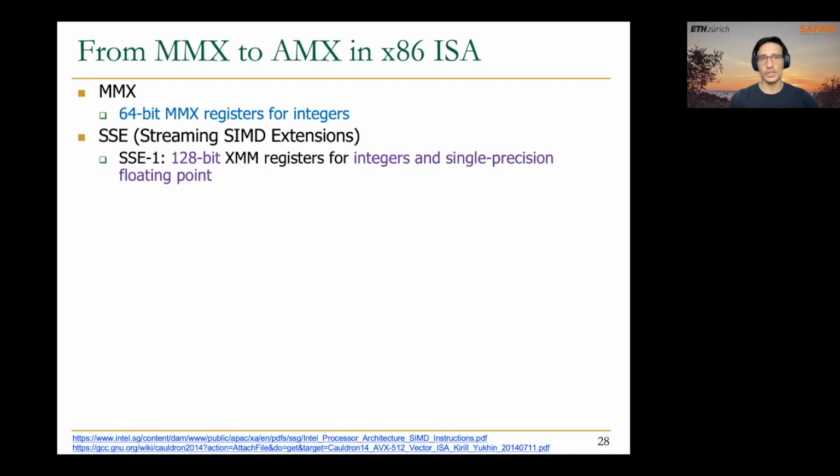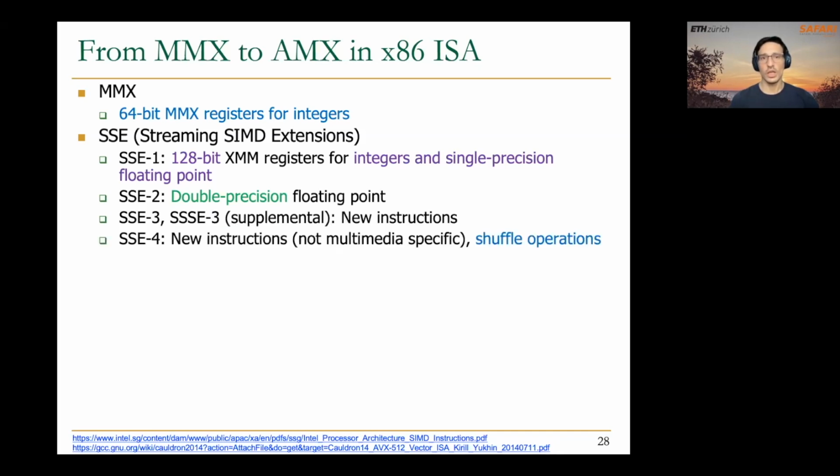A few years later, the streaming SIMD extensions, SSE, appeared. They already featured registers of 128 bits, so they could hold twice the number of elements, either integer or single precision floating point. In SSE2, we already have double precision floating point operations, and in the later generations of SSE, the SSE3, the supplemental SSE3, and SSE4, we have new instructions.